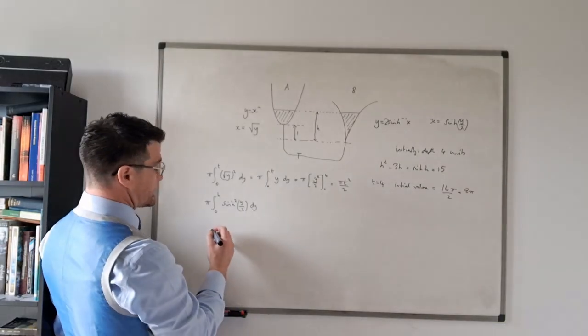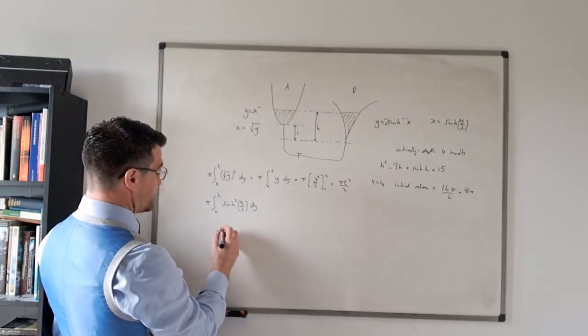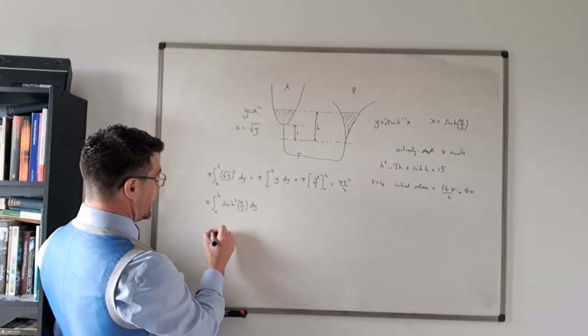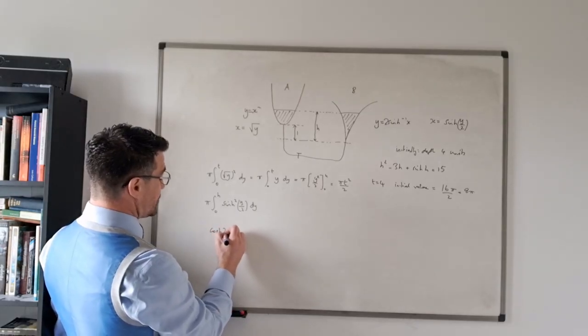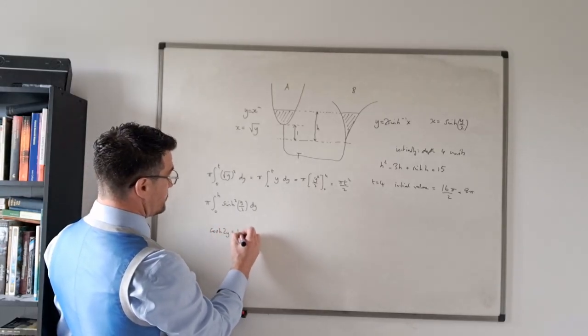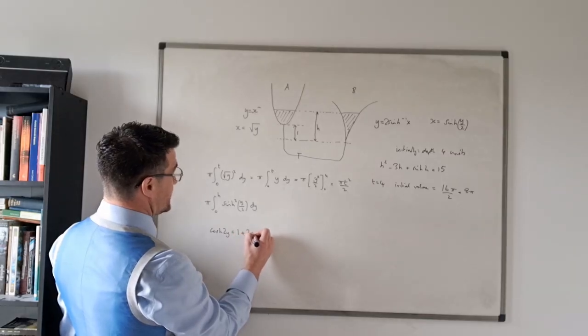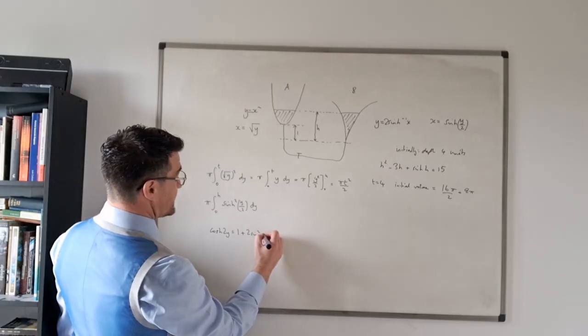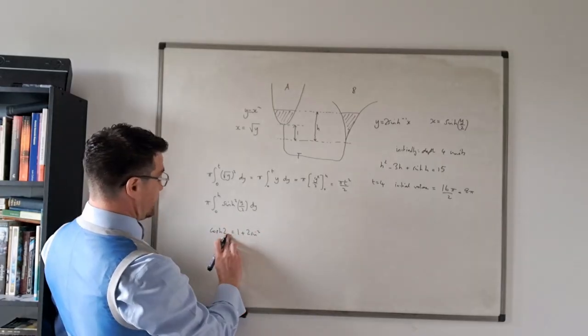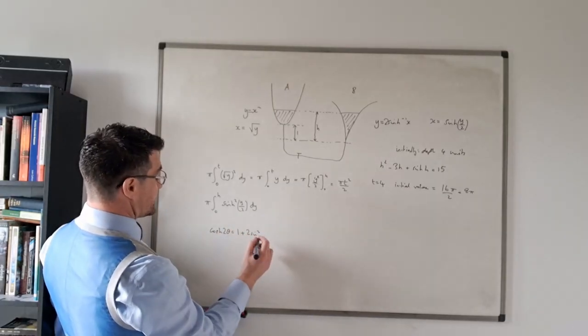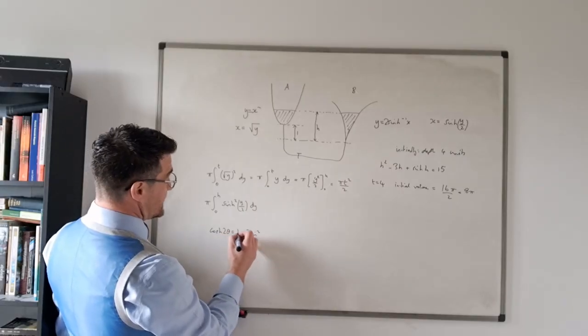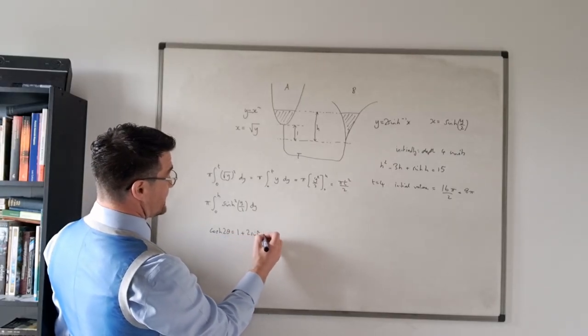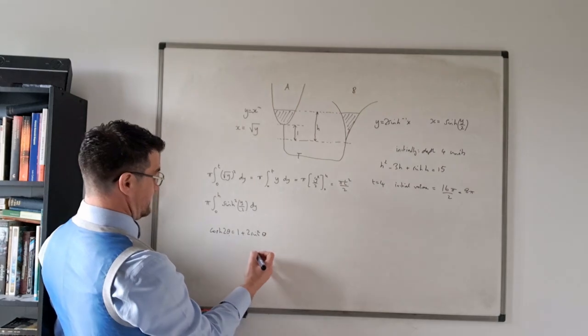So what's a useful hyperbolic identity going to be? I know that cosh 2y is equal to 1 plus 2 sinh squared, let me change that to theta. Cosh 2 theta is 1 plus 2 sinh squared theta.